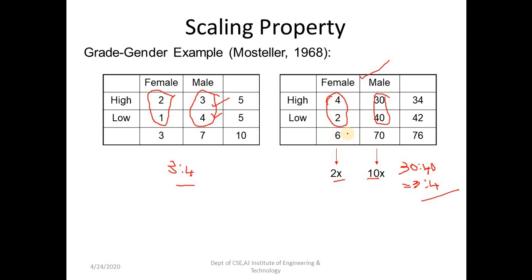Even though the sample size has scaled, the relationship between gender and grade should not change. So we need a measure that is invariant to scaling of rows and columns.